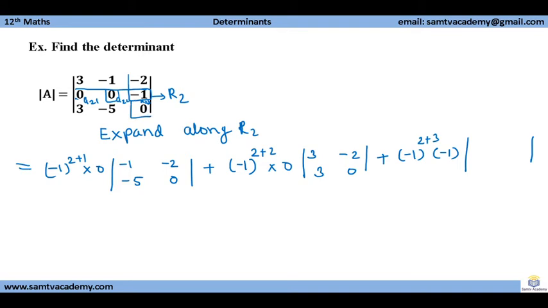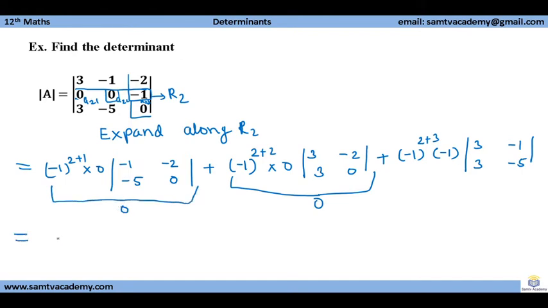So we are left with 3, minus 1 and 3, minus 5. No need to solve this and this, because the whole value will be 0. Here this will be 0 and here this also will be 0.